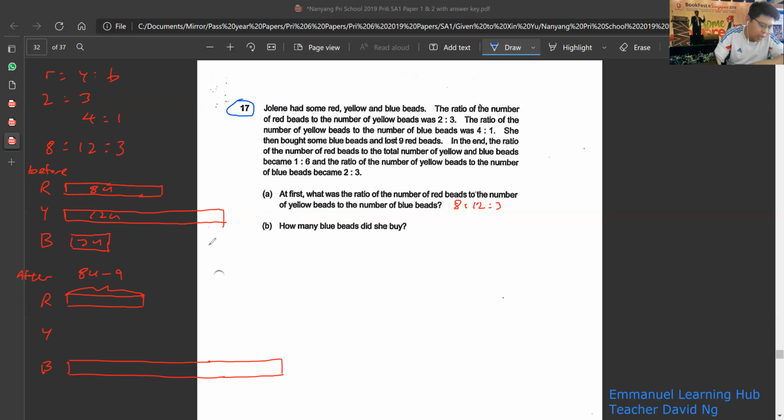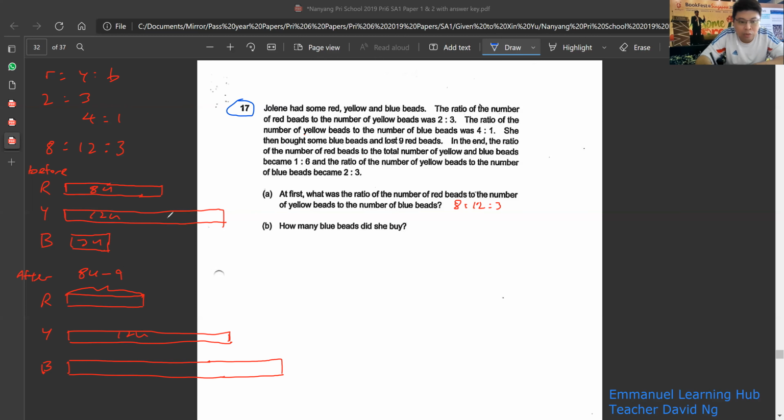The number of yellow bits did not change at all. Do you notice? So I can safely say this is still 12U.